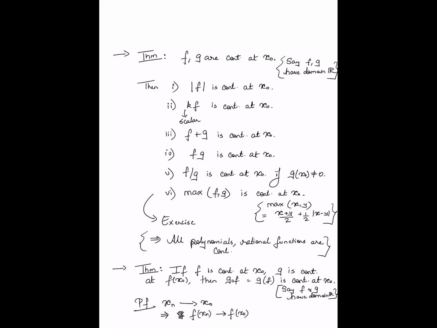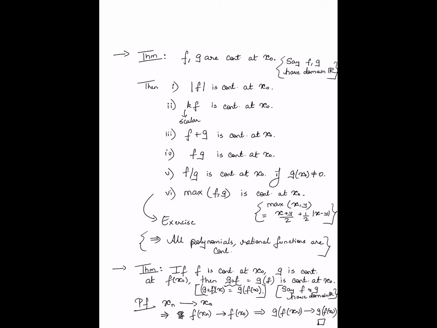This comes from the fact that f is continuous at x0, and the fact that g is continuous at f of x0 implies that g of f of xn converges to g of f of x0. And that essentially completes the argument. So I hope this is clear. The composition function at x is simply by definition g of f of x. That's what I mean by the composition function.